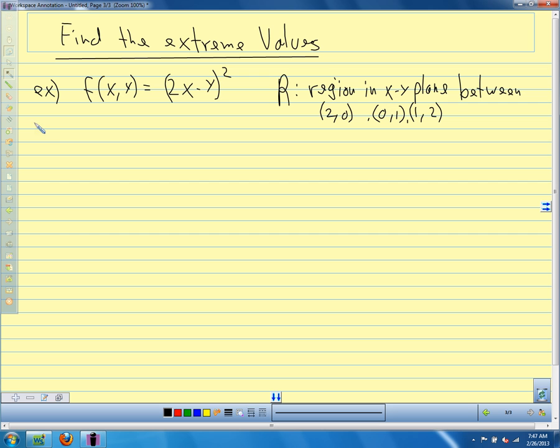So if I were to draw a quick sketch here, I'll just draw the xy plane. So for our region, we're going to have this triangle.